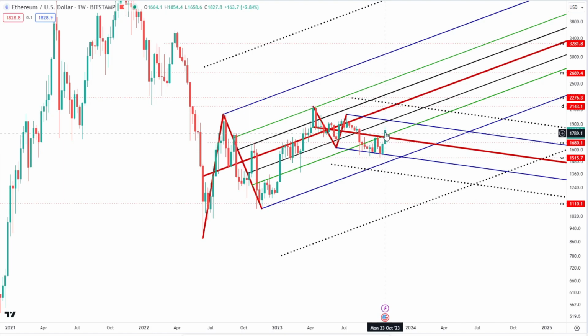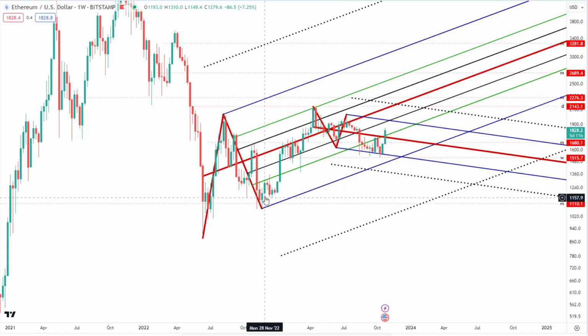We've now pushed through the median line, which suggests that the three-wave move down is finished. You would want to see us push through the upper median line to confirm it, but looking at the bigger picture, looking at other assets, in particular Bitcoin, we can get a feel for there's a very good chance that we now take out that high before taking out this low. So Ethereum also looking very strong.